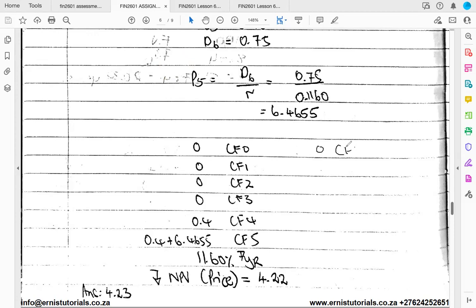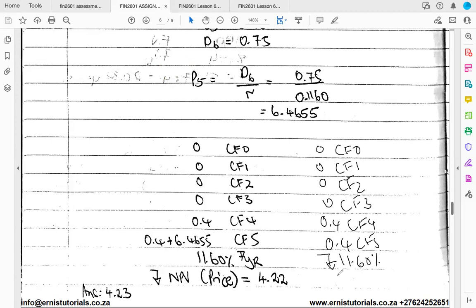Which is 0 for CF0, 0 for CF1, 0 for CF2, 0 for CF3, 0.4 for CF4, and 0.4 for CF5, and then you discount these at 11.6 interest rate, and then you can get the present value of these dividends, right?